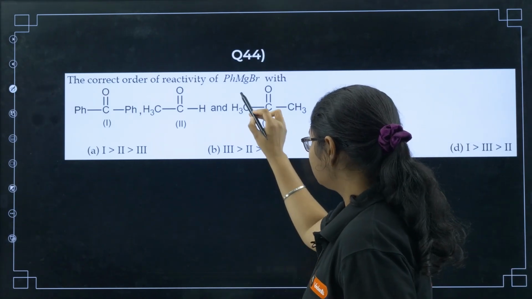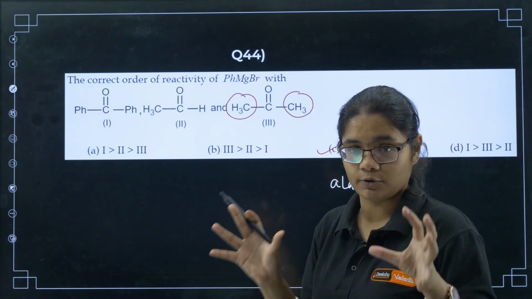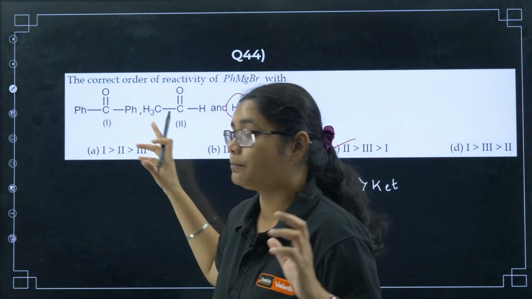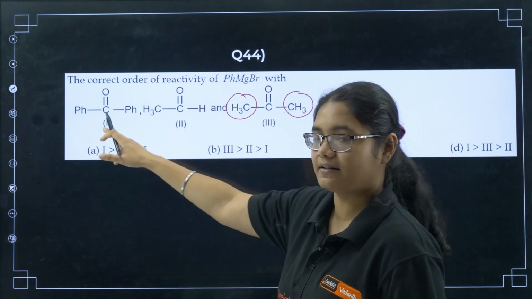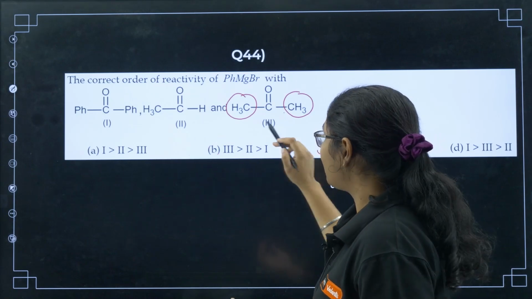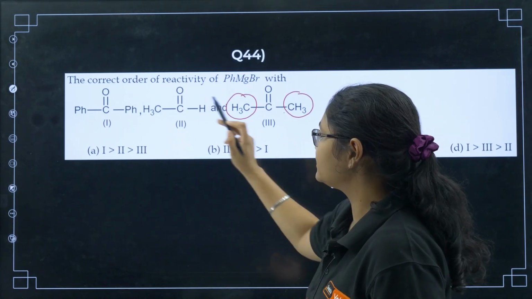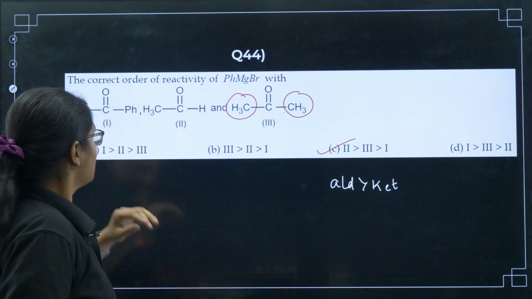So I have a CH3 group here, a CH3 group here, so 2 CH3 groups are there, and here I have 2 Ph groups which are bulkier. So the reactivity here will be faster than this one, because this is less bulky, this is more bulky. So that is why after 2, 3 will come, after 3 we will have 1. Option number C will be the correct answer.